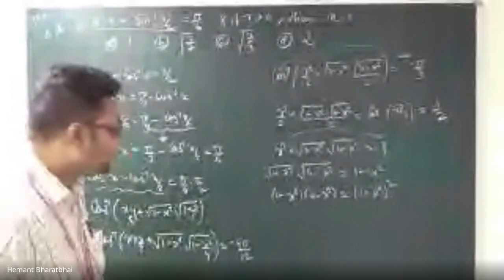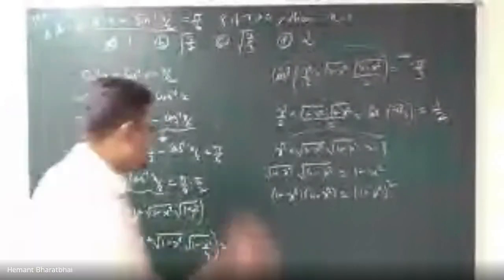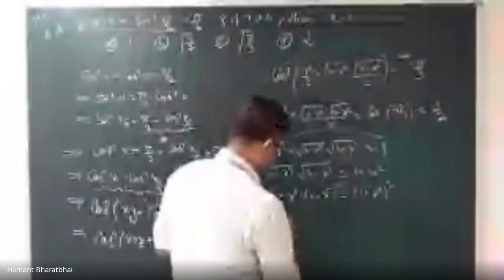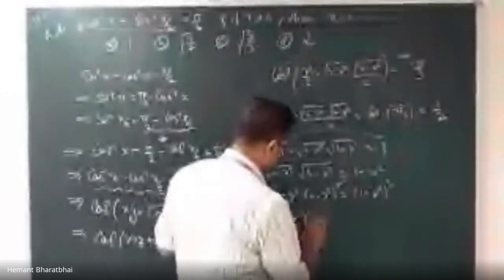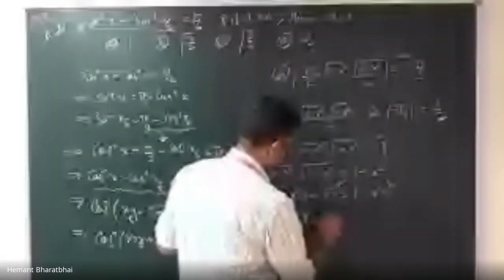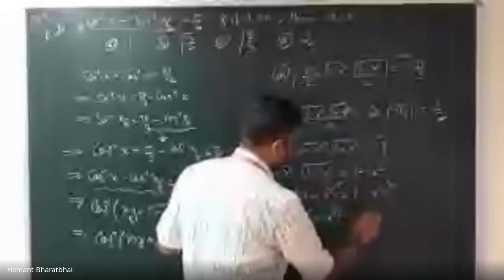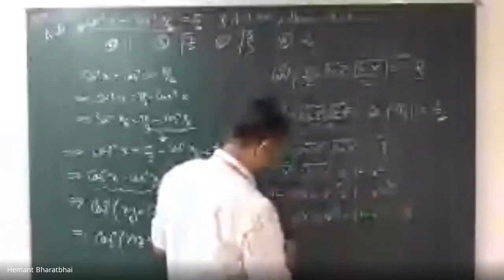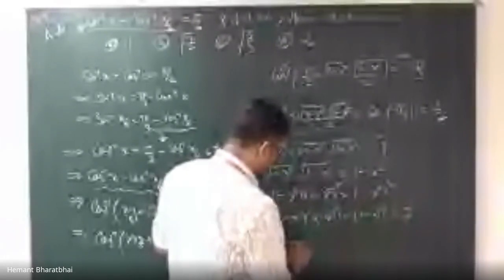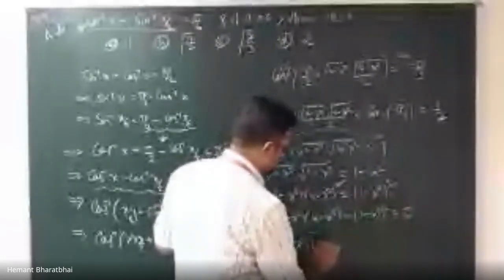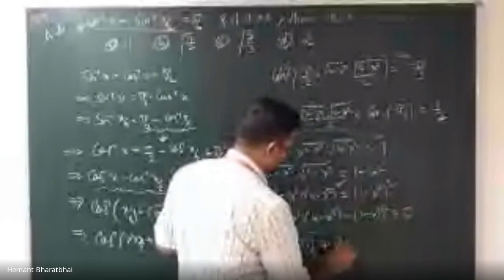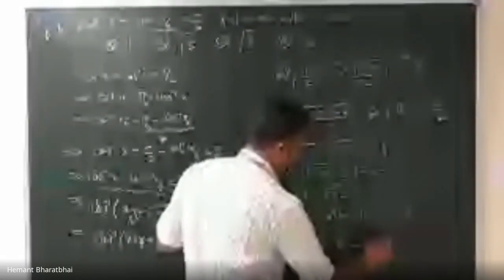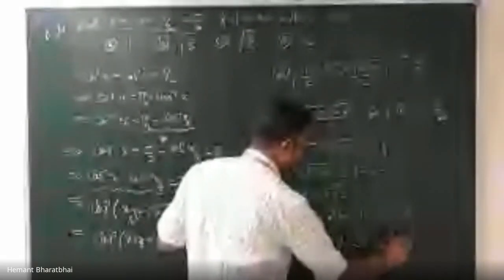Okay, so instead bring this term over here. I can write 1 minus x square into 4 minus x square minus 1 minus x square the whole square is equal to 0. So I take 1 minus x square common. So here I get 4 minus x square minus, here what will remain is 1 minus x square, is equal to 0.